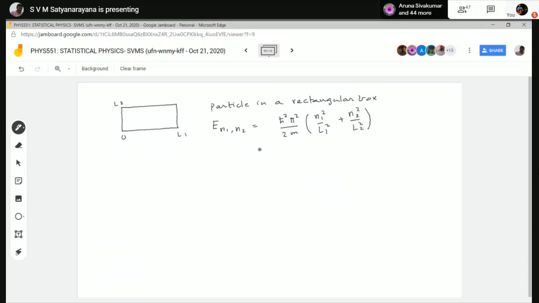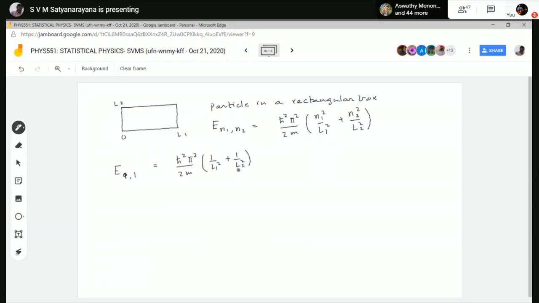Now the ground state of this one corresponds to (n1, n2) = (1, 1), correct? So that is equal to h bar squared pi squared by twice m into 1 by L1 squared plus 1 by L2 squared.